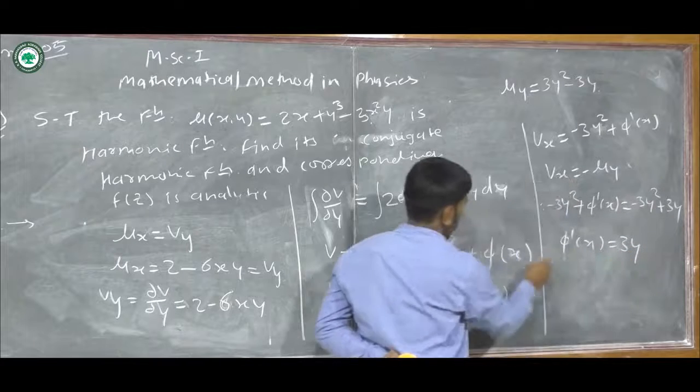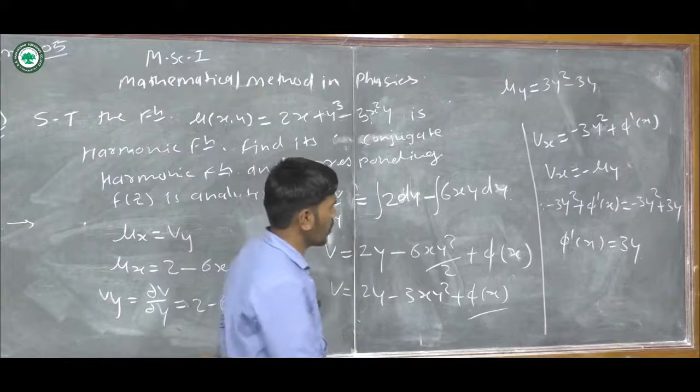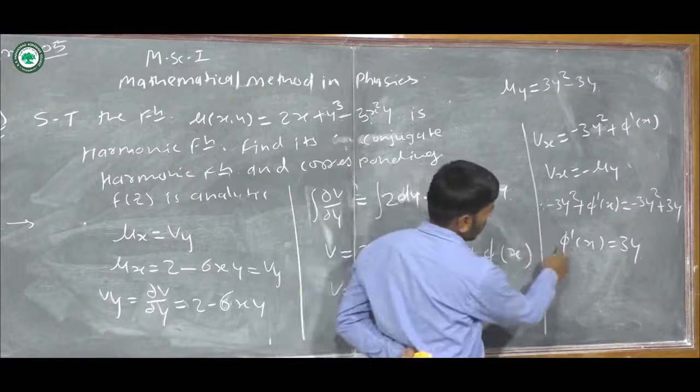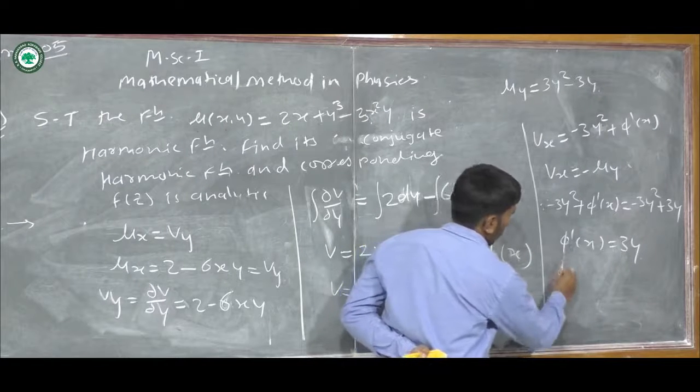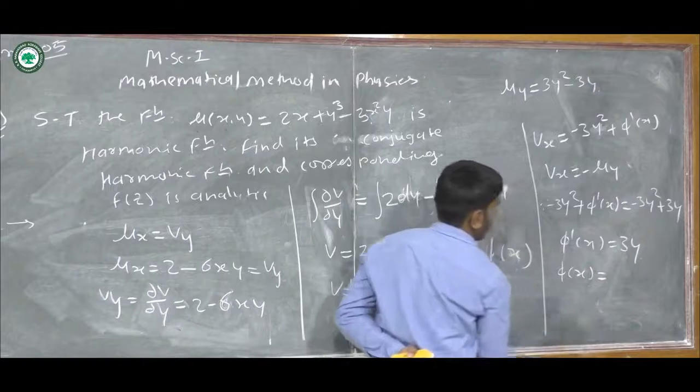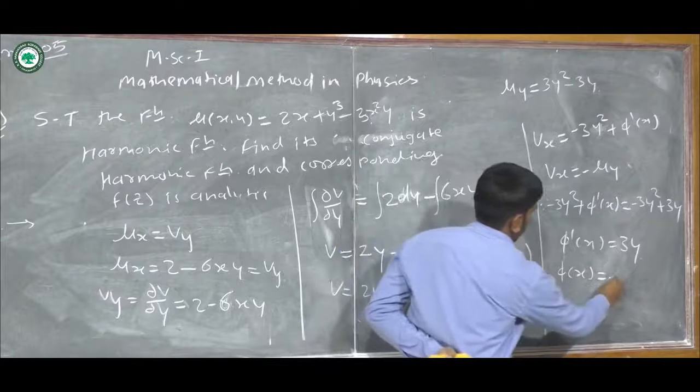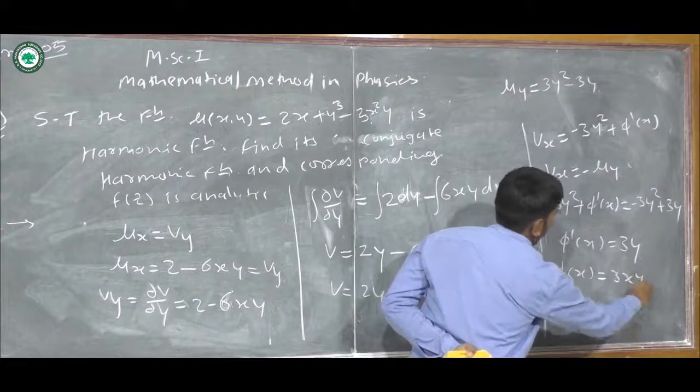But here we want phi of x. If we again take the integration of this phi prime with respect to x, I directly write the result: phi of x is equal to 3xy.